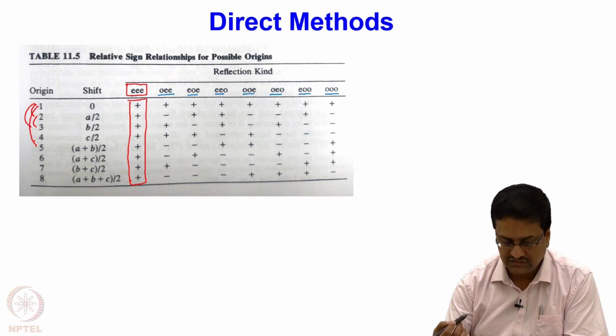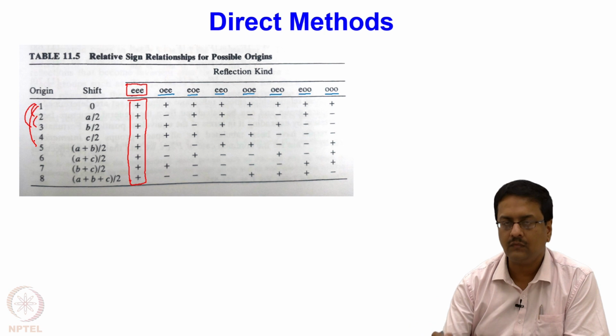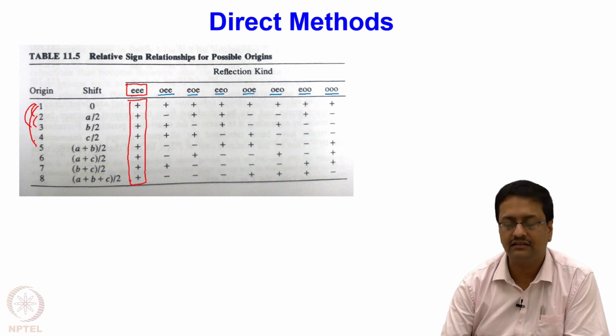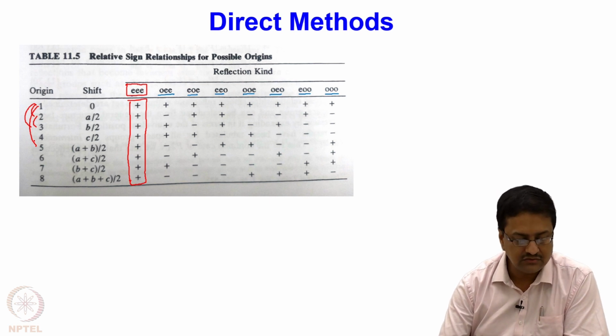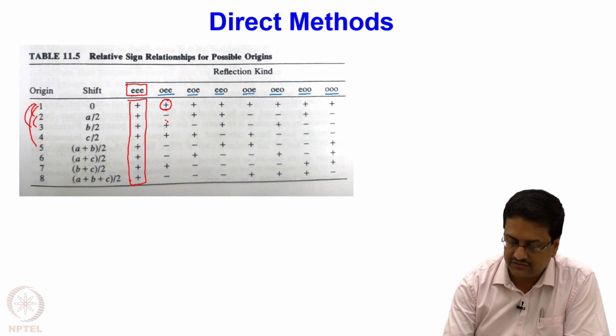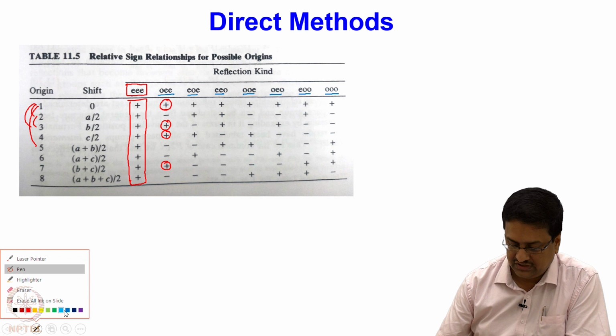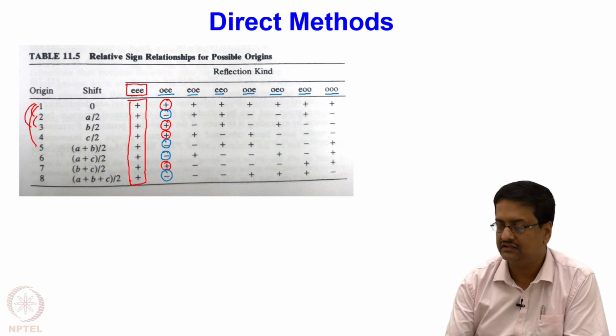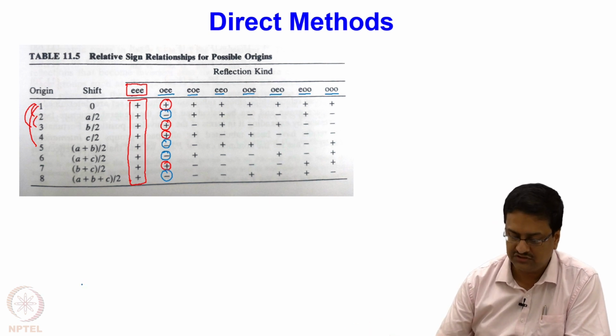So this indicates that all the HKL reflections, when it is all even, which is the first column, all of them have the same phase, and they do not change the phase if the origin is shifted from 1 to 2 or 1 to 3. So any shift of origin from 1 to 2 or 1 to 3 or 2 to 3 or 1 to 5 or whatever does not change the sign of these phases. So it means that the reflections with all even integers, that is all even h, k and l, are structure semi-invariants and their phases cannot be changed in any condition. So what we then see is that all other reflections have either positive or negative signs: you have this case where you have plus sign for 4 of them and the corresponding minus sign for 4 of them, and this is valid for all other reflections where you have 4 plus and 4 minus possibilities.